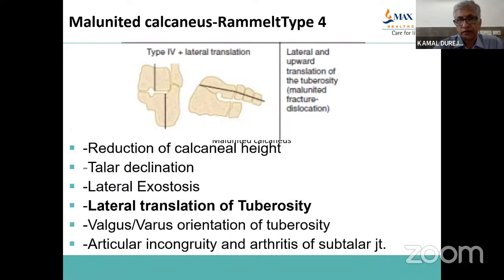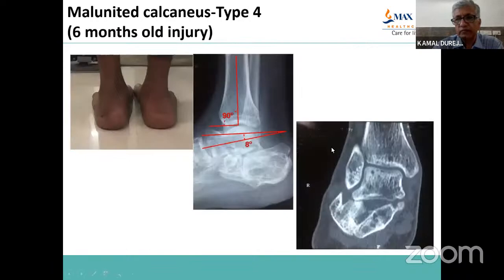And next is type 4. Type 4 is a different subset, which is sometimes seen here. As I showed you earlier, the whole of the tuberosity is getting translated laterally. And this translation can be seen here mixed with an angulation.